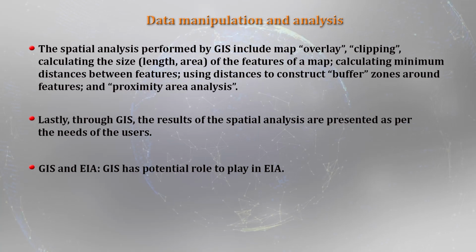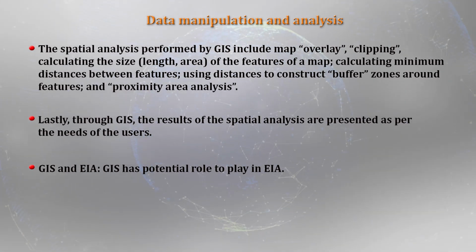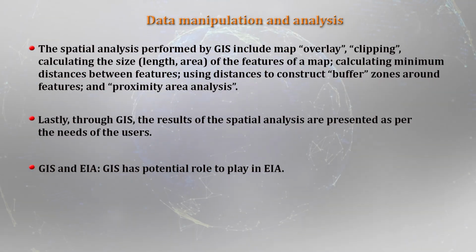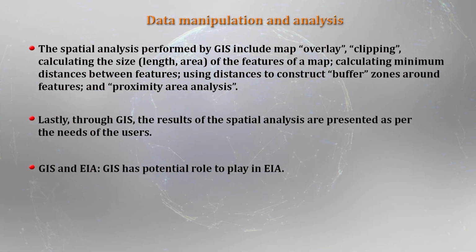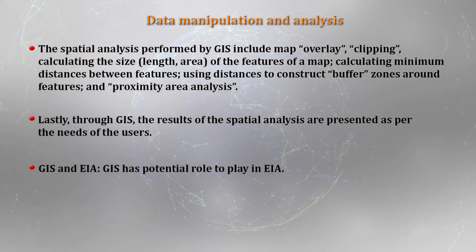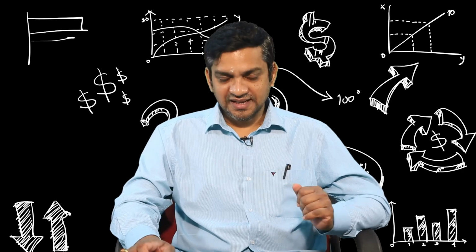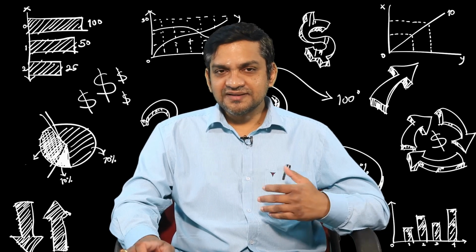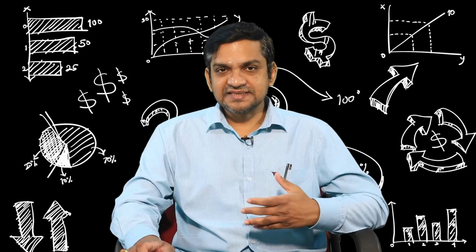And as regards the intersection between GIS and environmental impact assessment, we have just talked about GIS. Let us see what potential role the geographical information system can play in environmental impact assessment. When you look at GIS as such, it definitely answers certain intriguing questions.